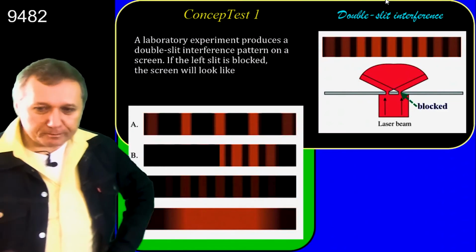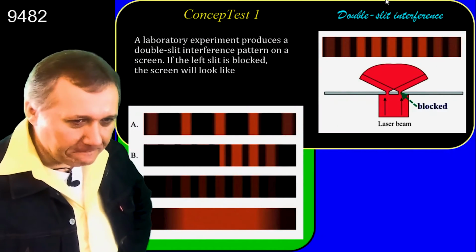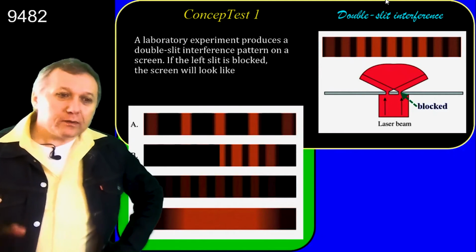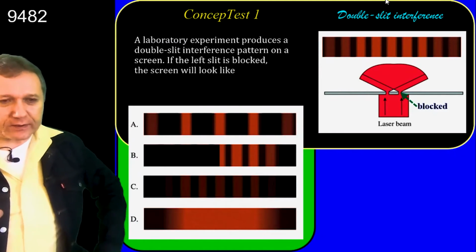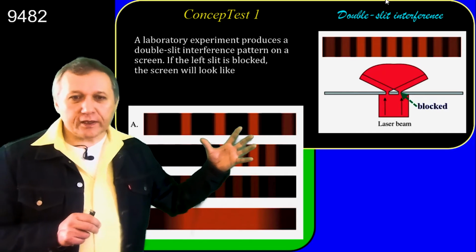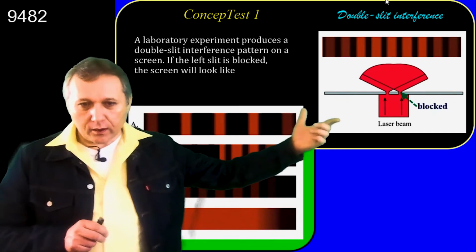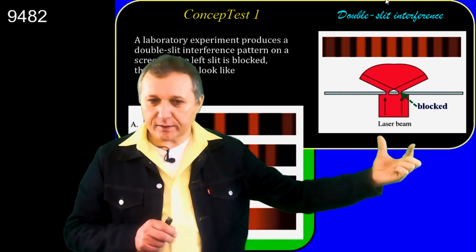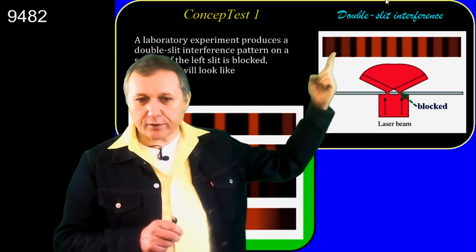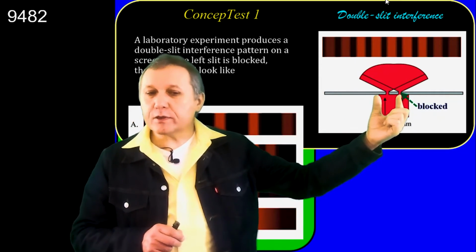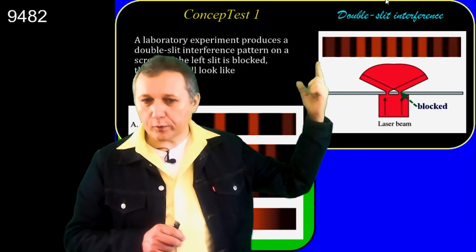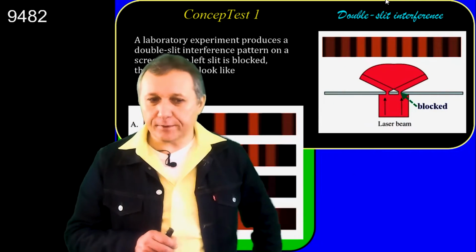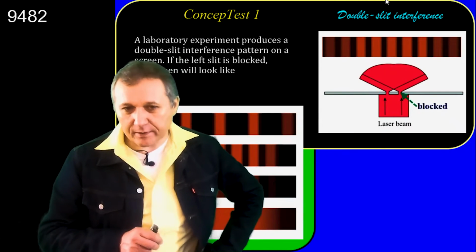Now, a question for you before we go. Very simple, but you need to be aware of this, and I like this question. Let's assume that we have a double slit illuminated by a laser beam, and here is the screen. When two slits are open, of course, we are going to see this interference pattern, all these bright and dark spots.